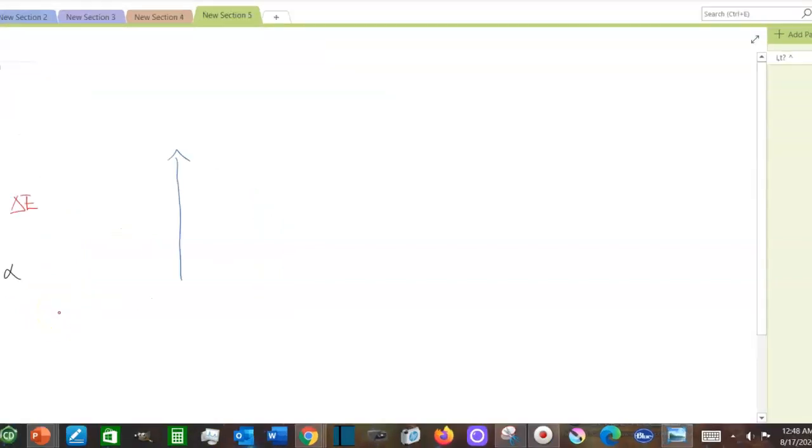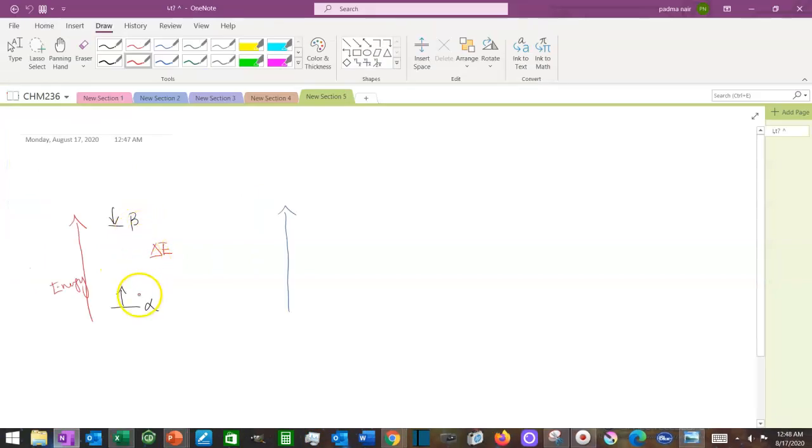If the radiation has an energy equivalent to the energy gap between the two spin states, then absorption can occur, and this causes the nucleus to flip to the beta spin state.